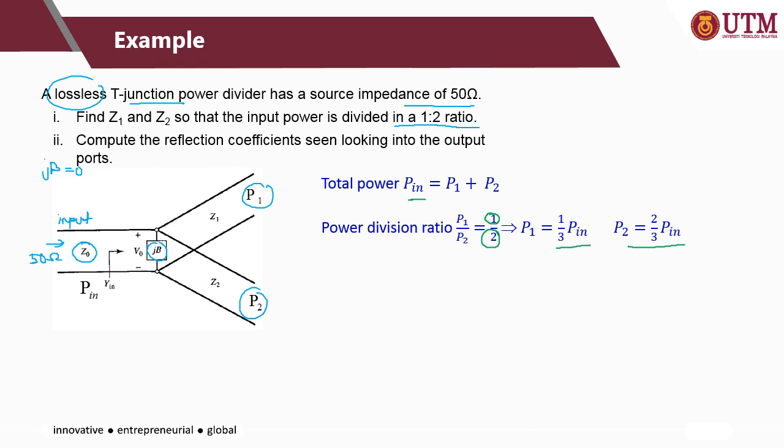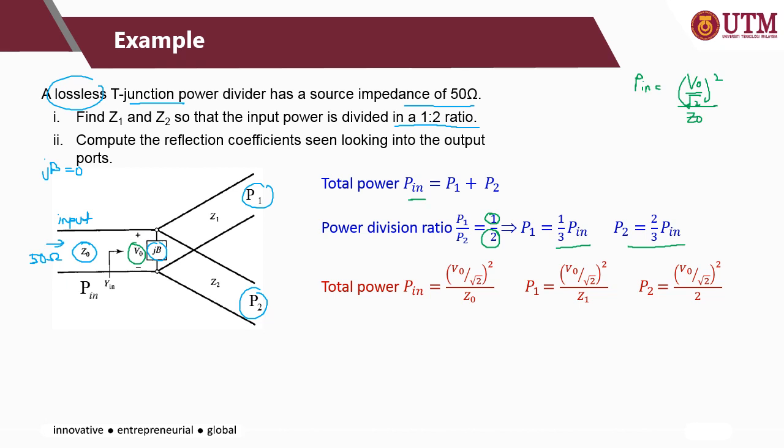Once you have this, you know that to calculate power, P in, for example, is equal to V0 over 2 squared, the RMS, divided by Z0. V0 is the voltage across the input transmission line. The same goes for port 1 and port 2.